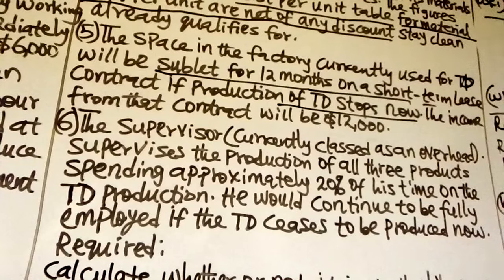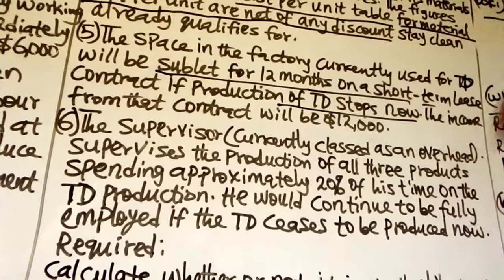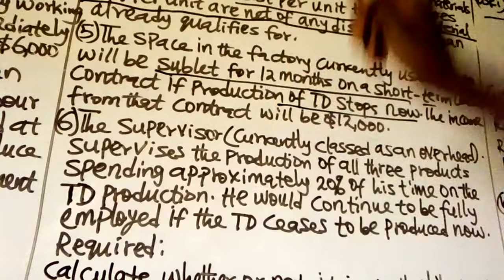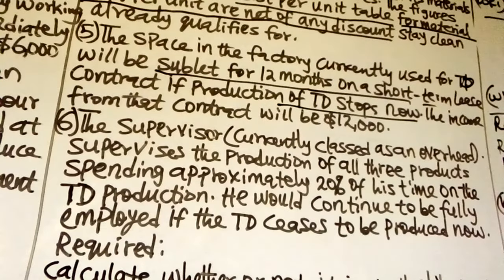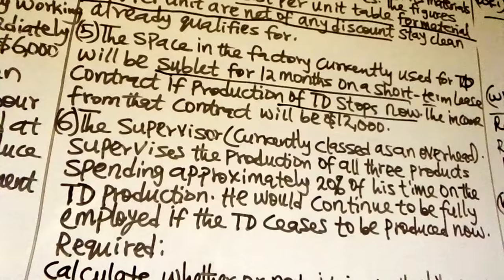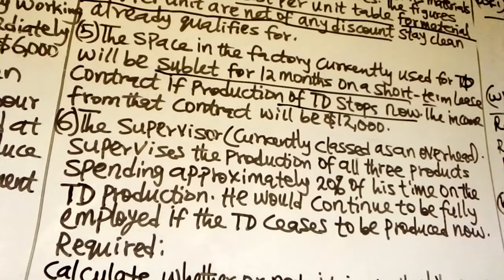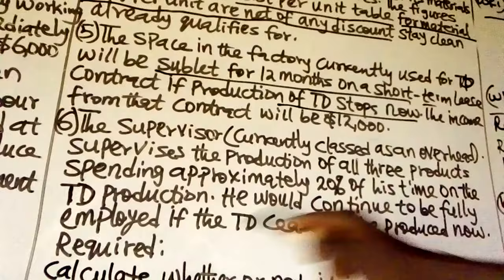Then note 6 now. The supervisor currently classed as an overhead supervises the production of the 3 products, spending approximately 20% of his time on TD production. He will continue to be fully employed if TD ceases to be produced now. That means he is a full-time staff, and the salary you pay him is a fixed cost.